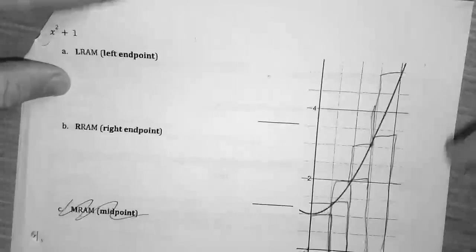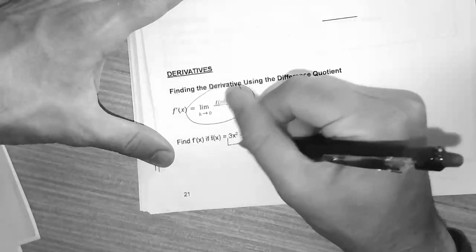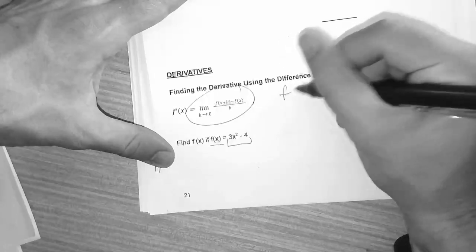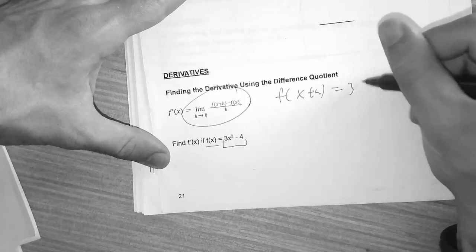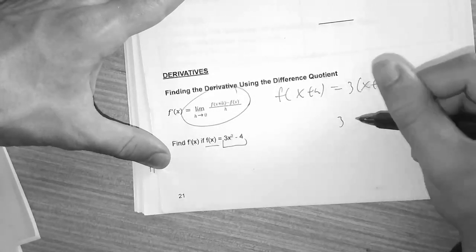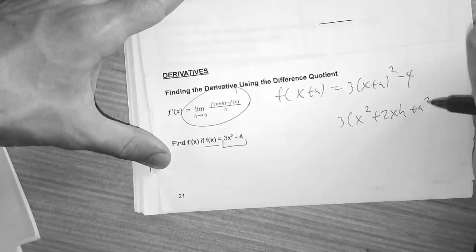That's it. Okay. Finding the derivative using the difference quotient. So again, I'll give this to you. Here, you take the function that replaces f of x. This is f of x, that goes there. h goes in the bottom, and f of x plus h is found by just plugging x plus h into this. So it's 3 times x plus h squared minus 4. So that would be 3 times x squared plus 2xh plus h squared.